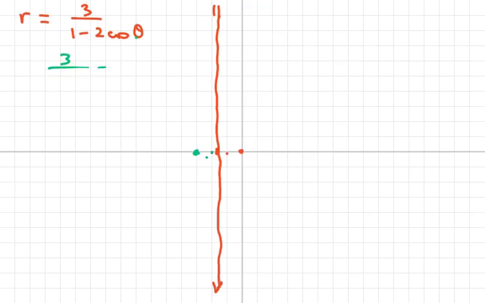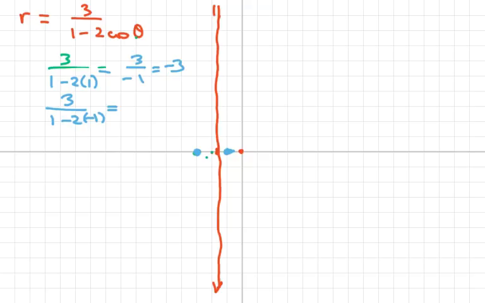So we're plugging in 0, so we get 1 minus 2 times 1 equals -1, so 3 over -1, which is -3. So that's your 0 here. Remember, you're at 0, so you have to go to the left. And then when you plug in pi, you get cosine -1. So that's 3 over 1 minus 2 times -1, which is going to be 1. So at pi, it's at 1. So there it is, somewhere right in there. All right?